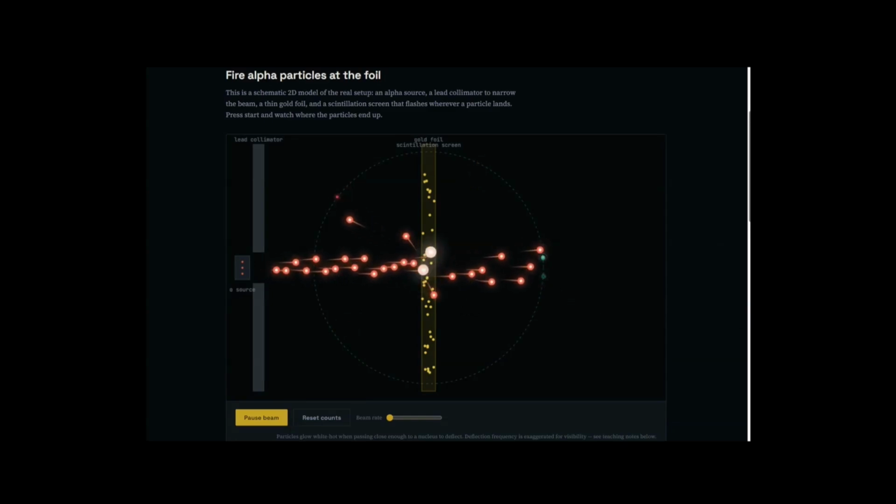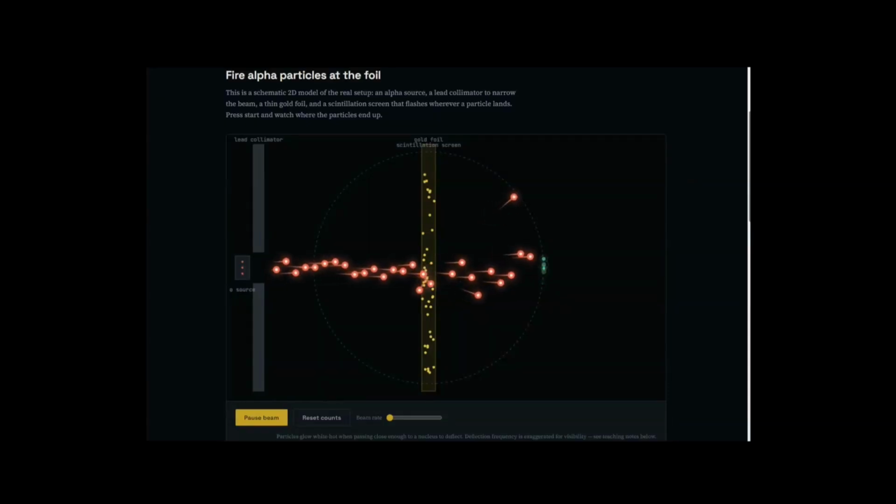And he worked out that the gold atoms are mostly empty space, as we showed before with the Auckland Sky Tower example.